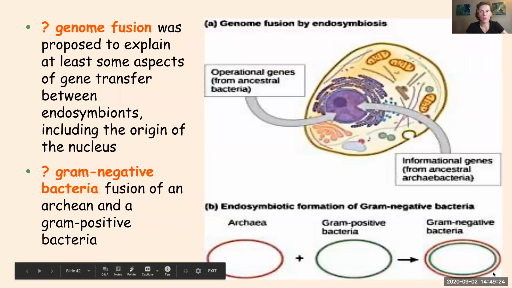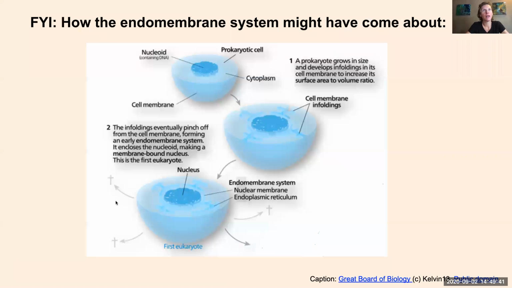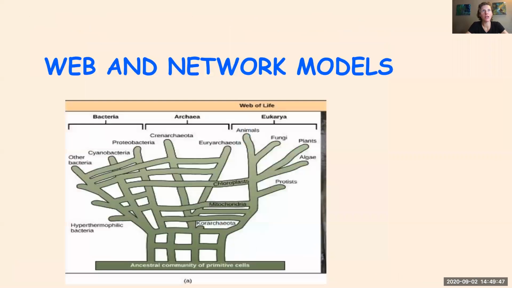The idea is that they evolved two plasma membranes from the engulfment of gram-positive bacteria by archaea, and then you have this combination here. So kind of like a hybridization. Endomembrane system, it's just an example there if you want to go back and look at how that originated.